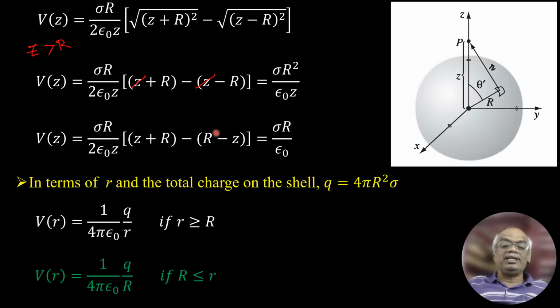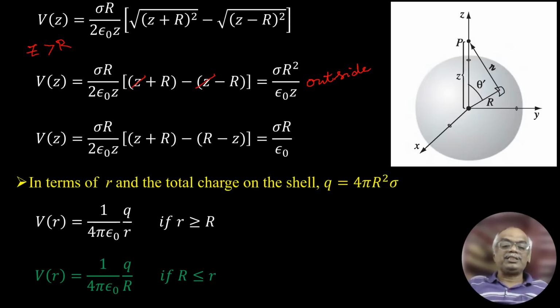Let us say r is greater. That means the point z is inside the sphere. So this is outside, no doubt about it. Then if it is inside, z is less than r, that is the radius of the sphere. So you can take r minus z, you can interchange r minus z.